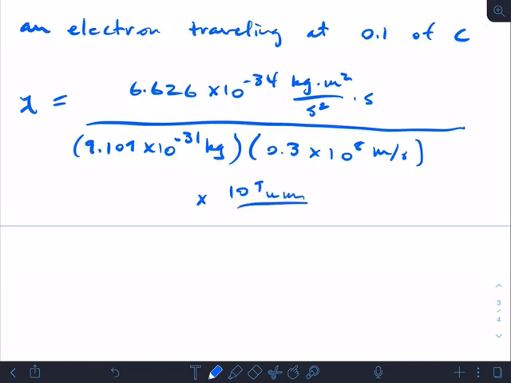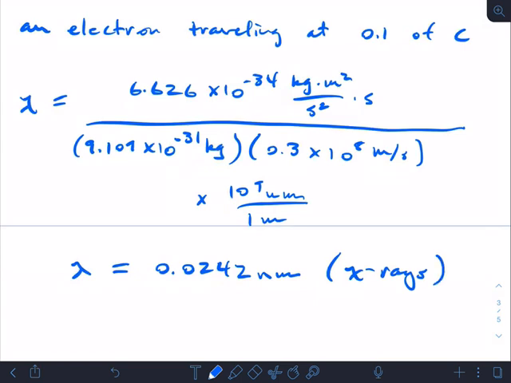And we say convert to nanometers times 10 to the 9 nanometers in 1 meter, right? So the wavelength of an electron traveling at 1/10 of the speed of light comes out to be 0.0242 nanometers, right? That's X-rays. Okay, so the smaller the particle and the faster it's going, the more important its wave behavior becomes.